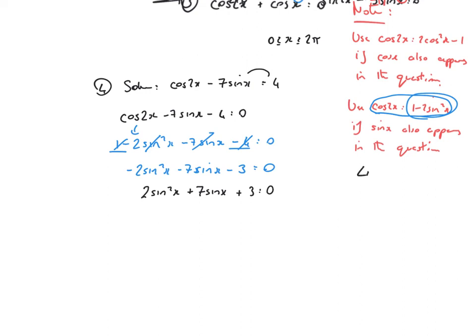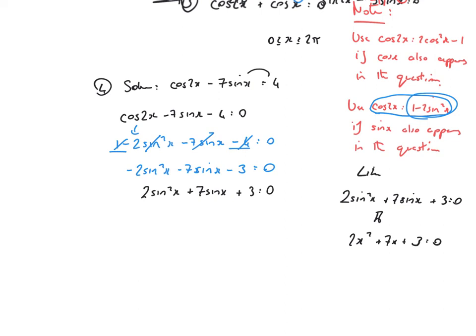Okay, I'm then going to liken that to 2x squared plus 7x plus 3 equals 0.